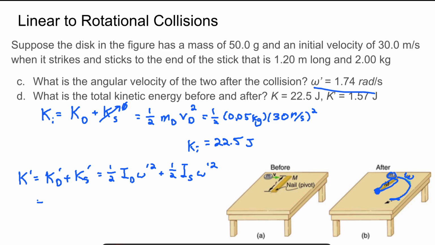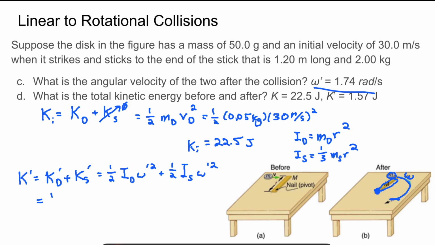We can break those down further, because we know the moment of inertia of the disk around that axis of rotation is the mass of the disk times the radius squared. And for the stick, a rod rotating around one end, if we look that up, is 1/3 times its mass times the length of the stick, which we're calling the radius, squared.